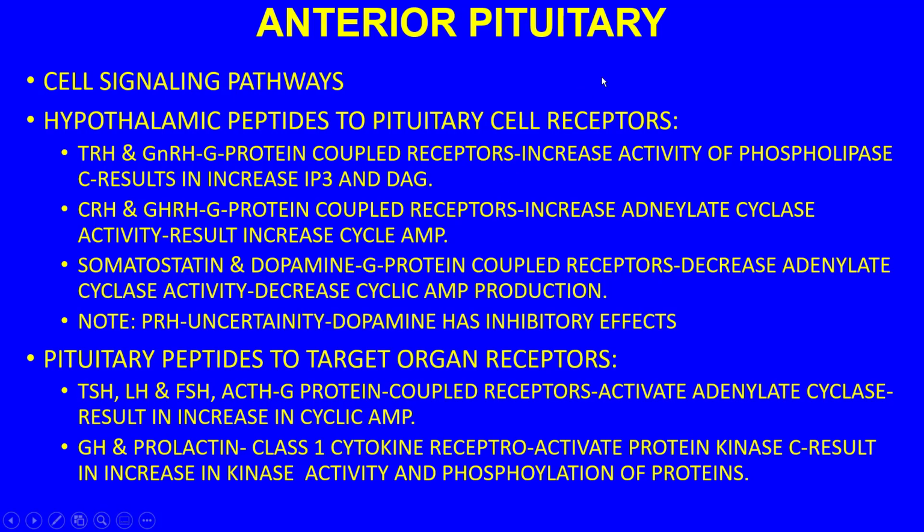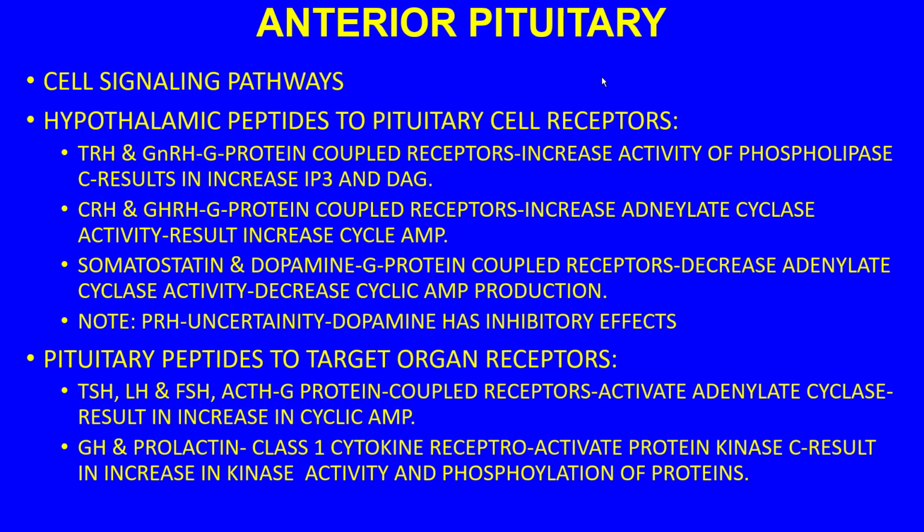Okay, now a couple of things you need to be aware of also. That's the cell signaling pathways. The hypothalamic peptides to the pituitary cell receptors: if we were to look at TRH and GnRH, they're all G protein coupled receptors that act to increase the activity of phospholipase C. This, of course, is going to result in an increase in IP3 and DAG with an increase in calcium ions intracellularly.